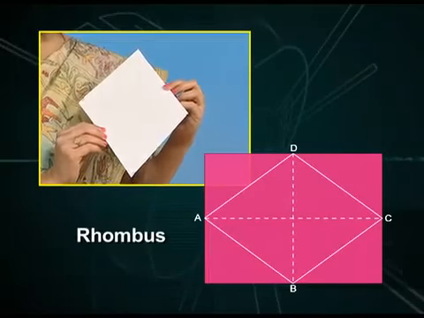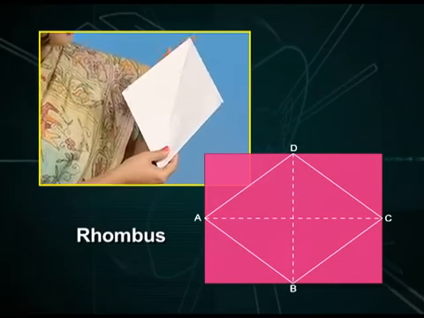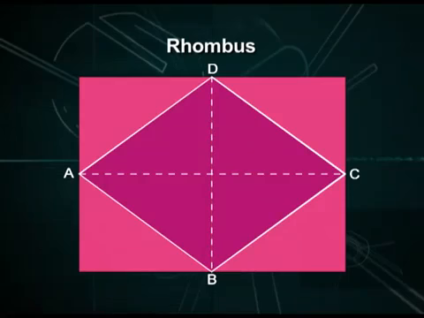Can you see what we have got? We have got a rhombus. Now you can give a reason why this is a rhombus by exploring various geometrical properties of a rhombus.